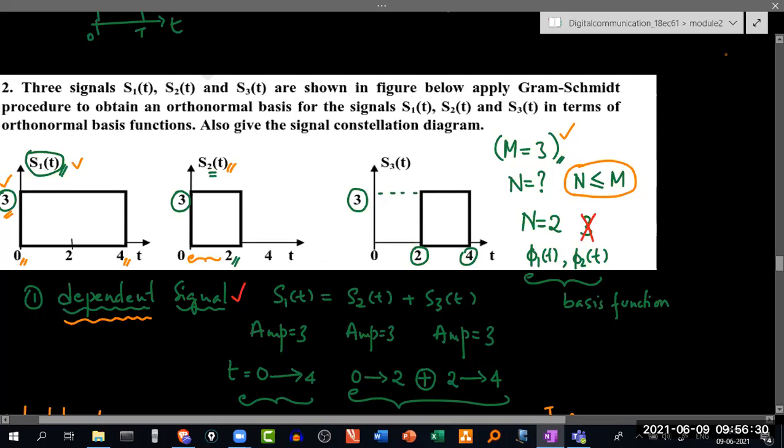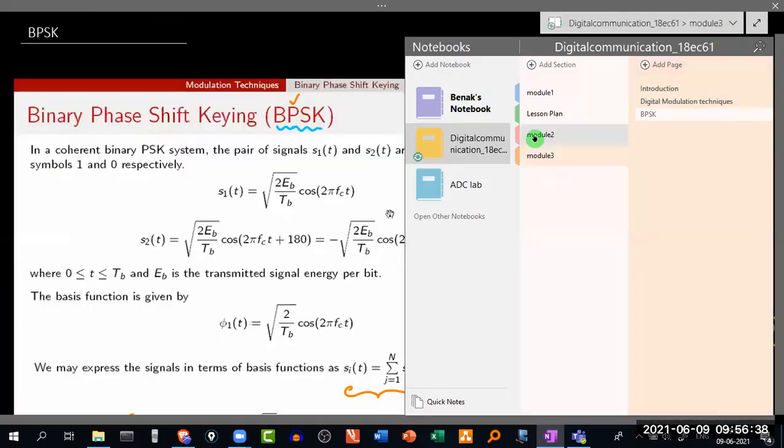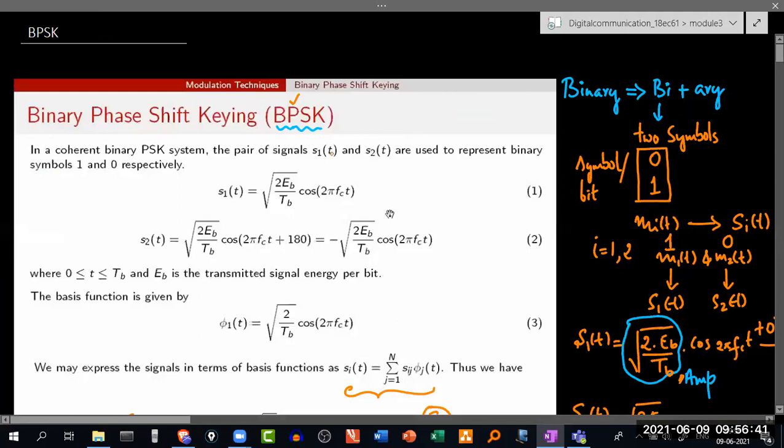Likewise, if I take you back over here for binary phase shift keying, how many signals am I having in our BPSK? Can I have some answers in the chat? Yes, the answer is 2. So for BPSK, the value of capital M is equal to 2.